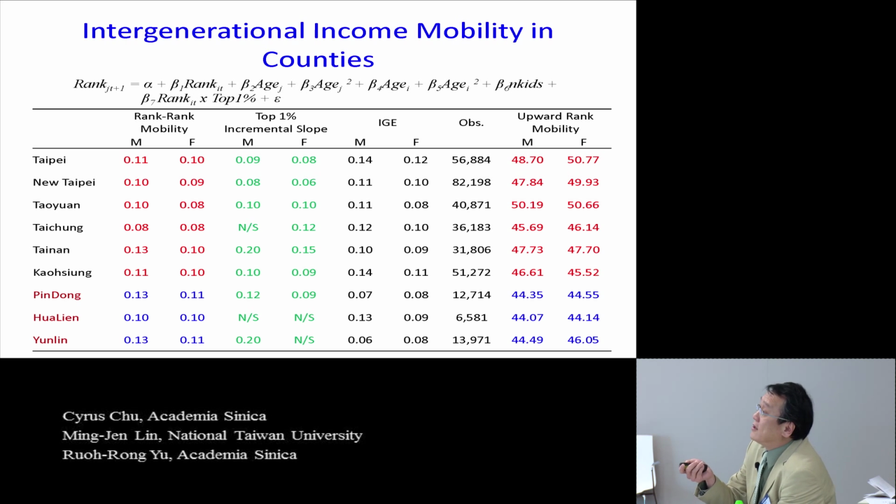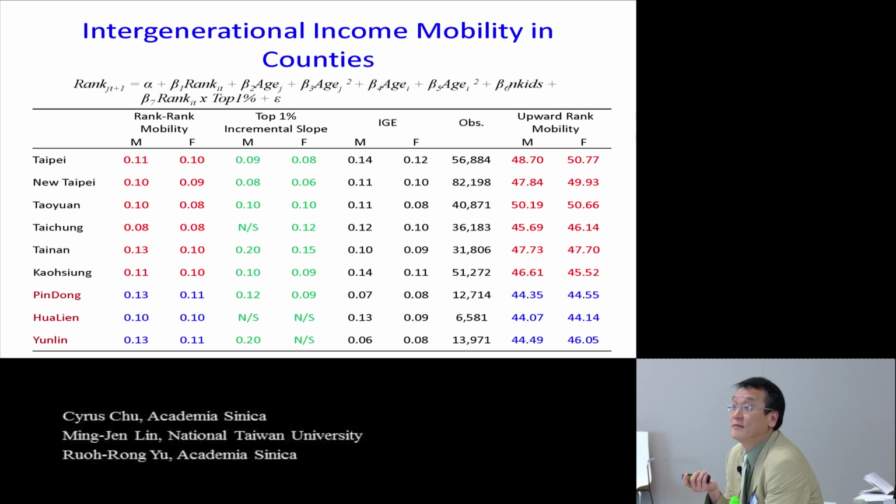This upward mobility is defined as follows: the father is in the bottom 25%, and what is the expected rank for the child? So this is the situation. I separate this table into two parts, as in Chetty: the top 6 are urban areas, and the lower 3 are rural counties.